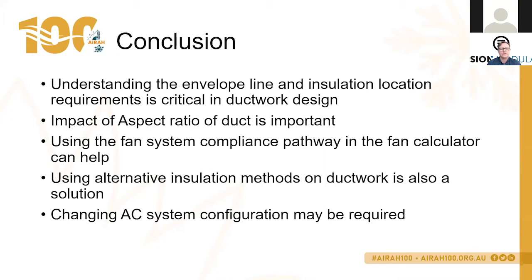It's also the sarking. So there does need to be sarking at the roof level to ensure that we are meeting J3 compliance as well. So you do need to comply with both on that roof line. And then yes, that ceiling space is within the conditioned space.